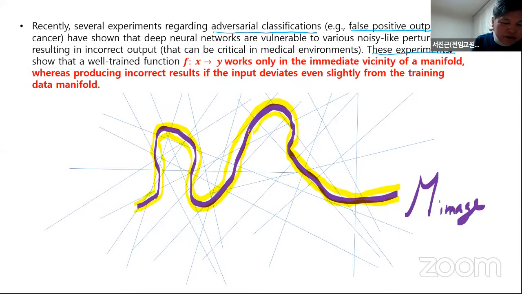This experiment shows that the well-trained network works only in the immediate vicinity.